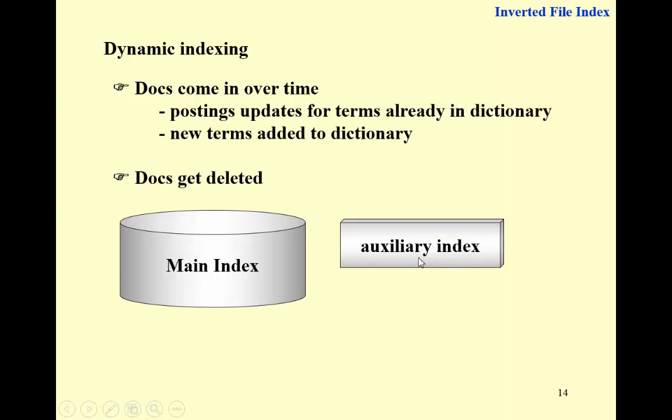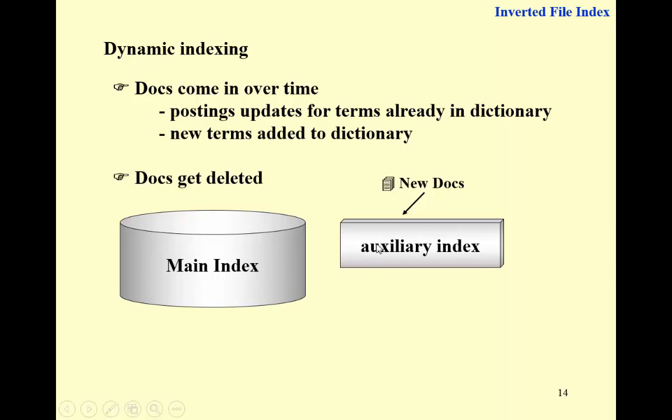Auxiliary means some kind of additional index, which is supposed to be small, or say light. Okay, when a new document comes in, it comes into this auxiliary index first.